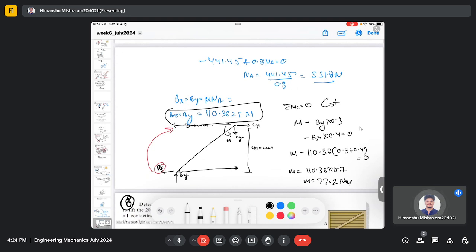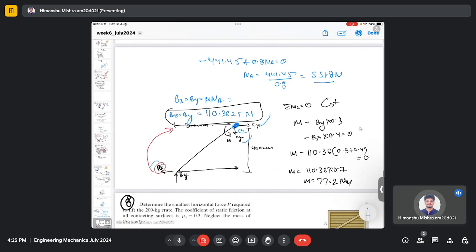We have two more new unknown reaction forces, Cx and Cy. So what we did, we took the moment at point C here. In that way, we don't need to consider Cx and Cy because the forces due to Cx and Cy will create zero moment at point C. So the moment will be due to Bx and By, and we need to find the unknown moment here. So we used the moment equilibrium equation to calculate the unknown moment.